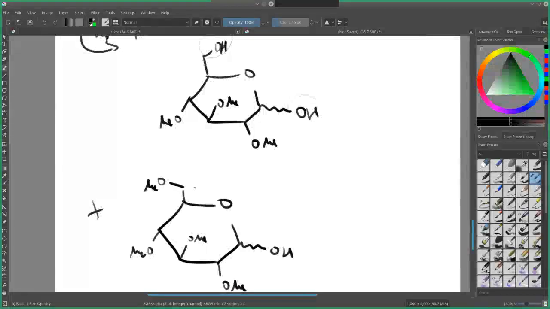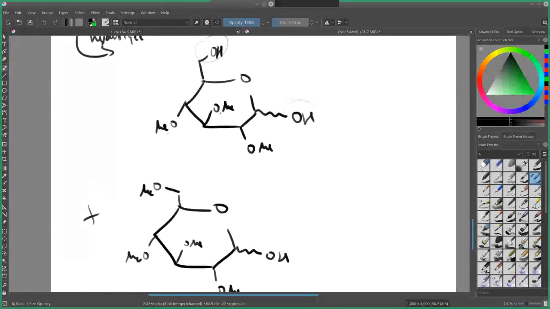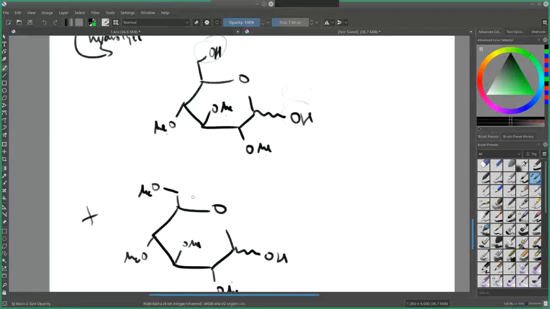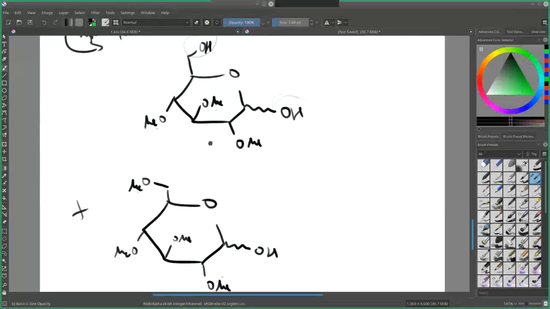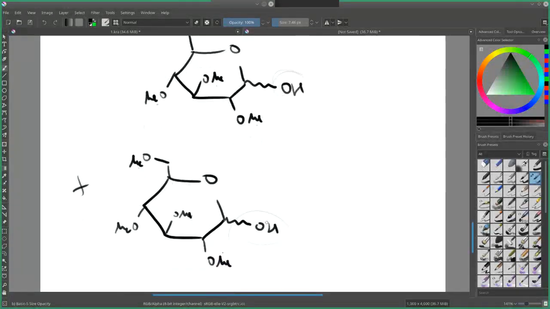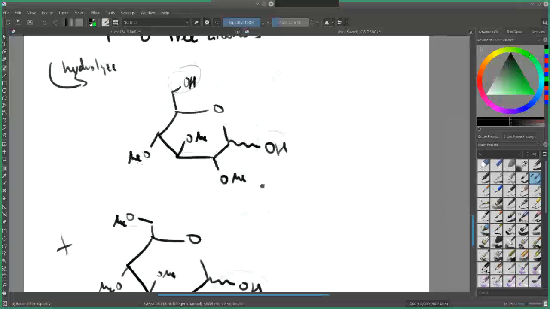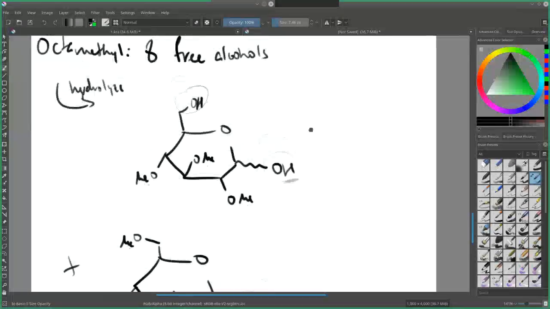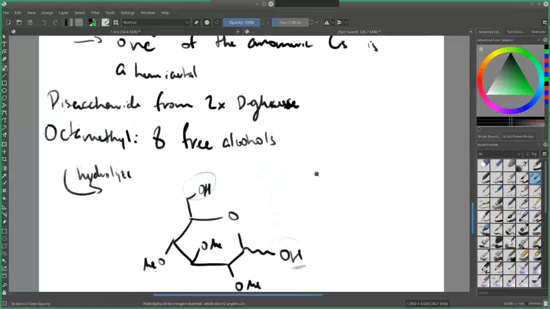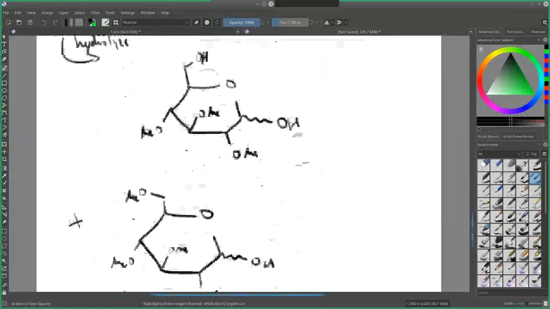There are 1, 2, 3, 4, 5, 6, 7 methyls in this case. We know this one can't be methylated more because there's only one place for it to bond, and this one should probably be methylated at this anomeric carbon. I am not super certain why they said that it's not methylated. All right, we'll take it as methylated.